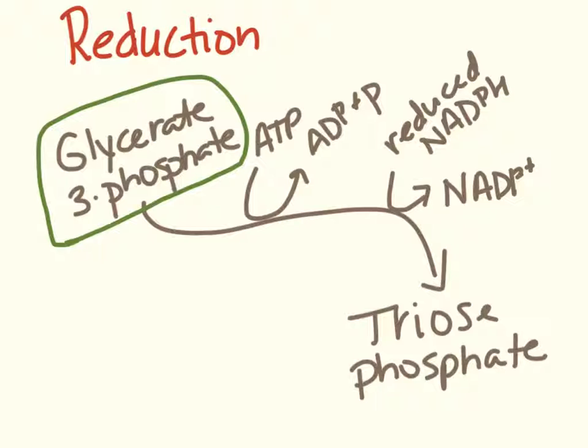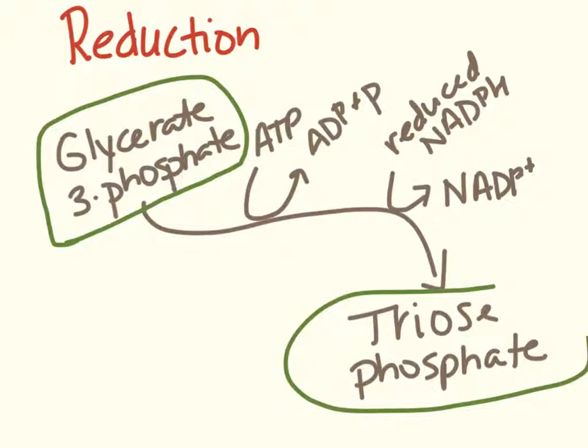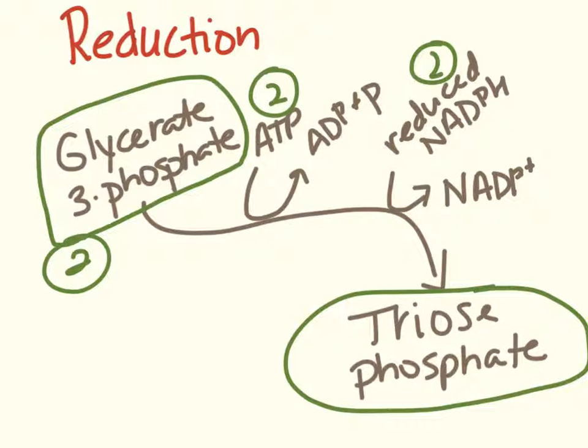And those glycerate 3-phosphate molecules will utilize the ATP that was synthesized in the light-dependent reaction and the reduced NADPH, which was also synthesized in the light-dependent reaction, and it will convert the glycerate 3-phosphate into what we call triose phosphate. So for every 2 glycerate 3-phosphates, each of these will be converted, and we will end up with 2 triose phosphates at the end of this reduction phase.